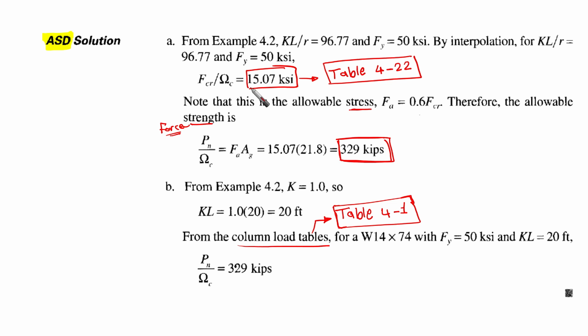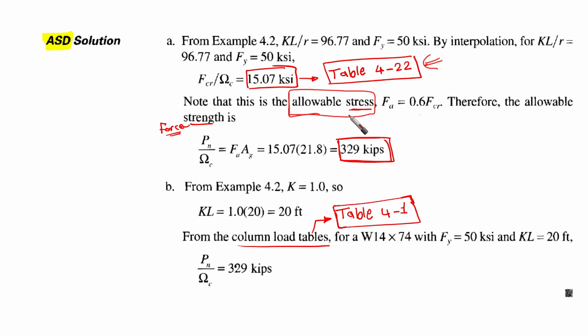It is 15.07 ksi, from table 4-22. Note that this is the allowable stress, as we said. It provides for us Fcr over omega c.